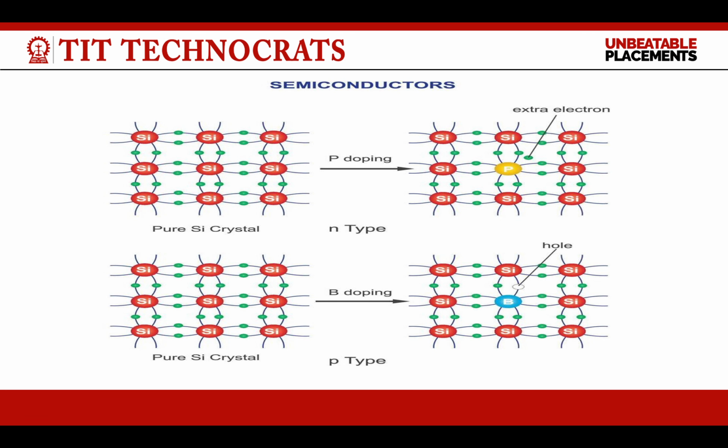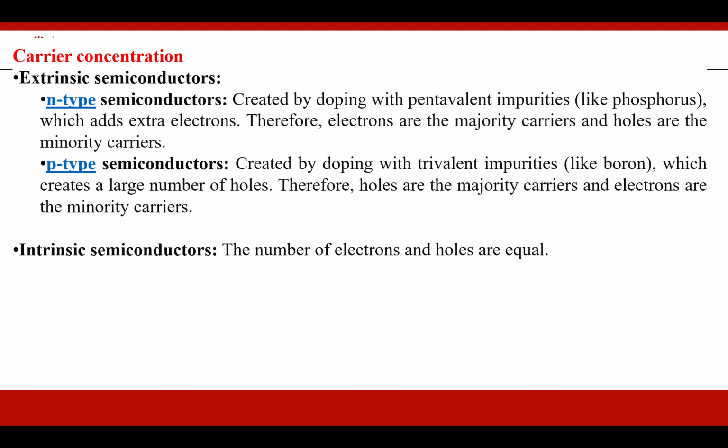We can understand this diagrammatically with a pure silicon crystal with doping in n-type and p-type semiconductor. Carrier concentration, extrinsic semiconductor: n-type semiconductor is created by doping with a pentavalent impurity, that is phosphorus, which adds an extra electron.